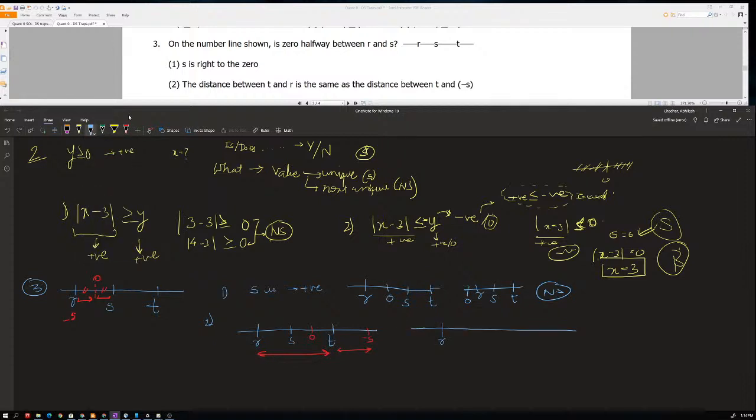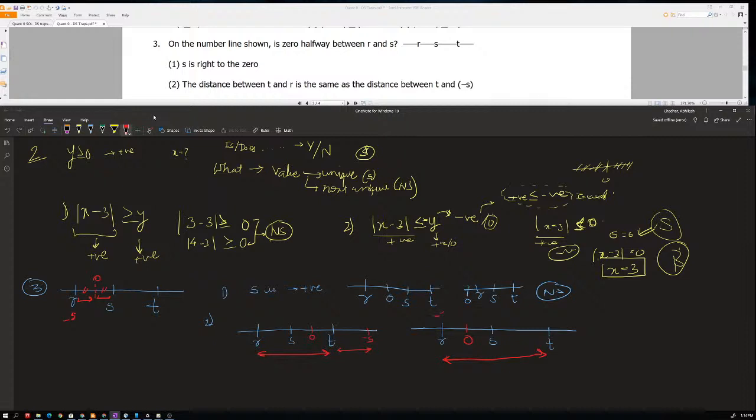The other condition would be here. Again, we say R, S, and T. Now, in this condition, 0 is here, and the distance between R and minus S. Minus S should be on the left hand side.